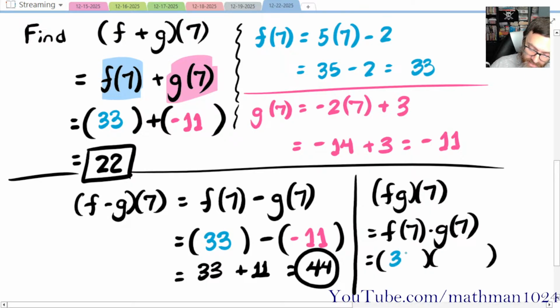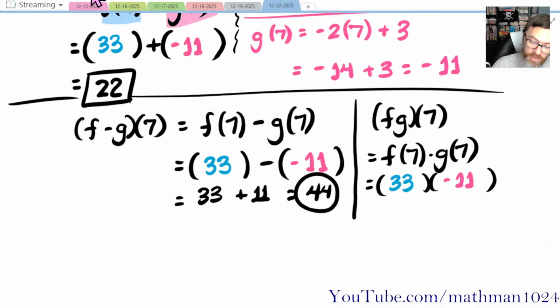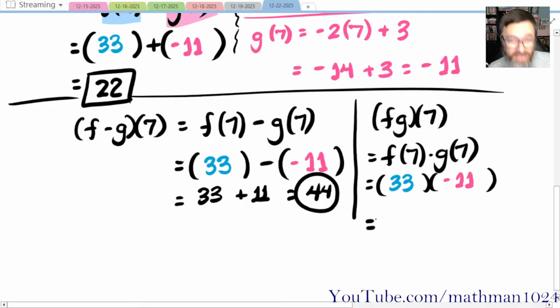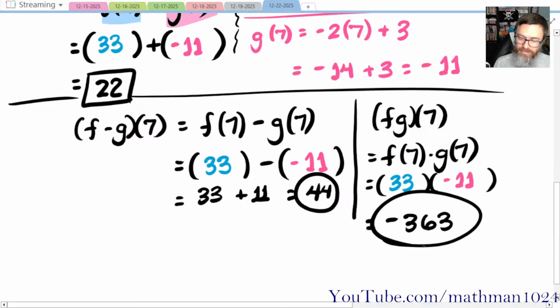So we have 33 for f of 7, we have negative 11 for g of 7, and then we just multiply these together. Now there's a fun trick for multiplying times 11. So the answer here is negative 363. What do you think? Hopefully not too bad.